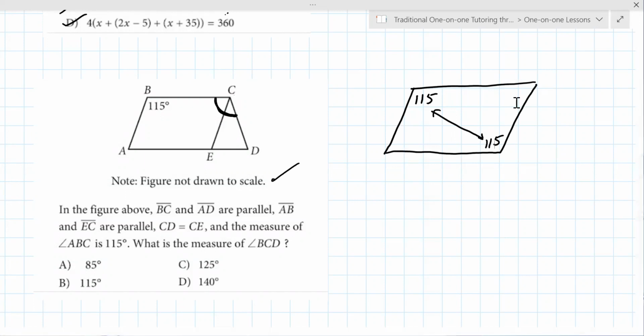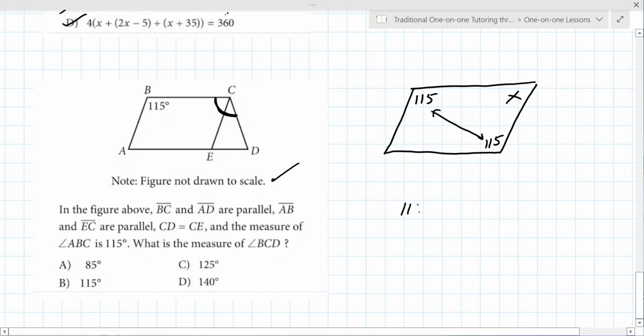So what is this angle up here in the top right if consecutive angles add up to 180? Let's just say this is x. 115 plus x equals 180. 65. Yes.